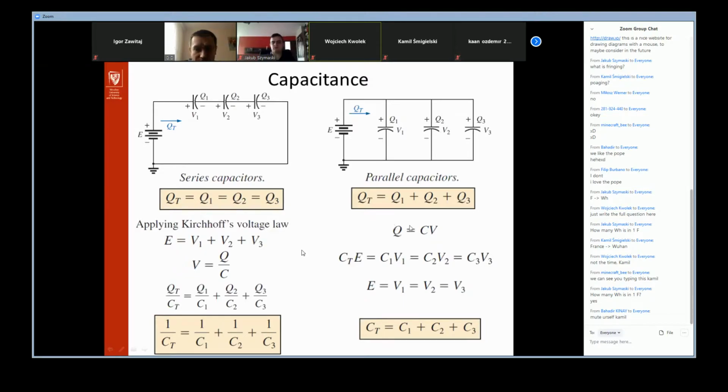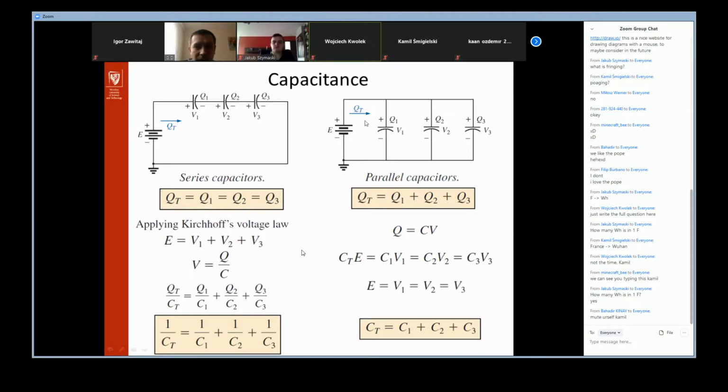What does it mean? Because we know at this moment that the charge Q is equal to C multiplied by V, yeah? So the total charge in the parallel connection is given by the total capacitance multiplied by V.